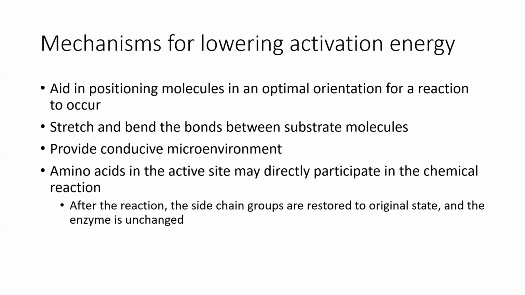Sometimes amino acids in the enzyme itself participate. So again, enzymes are proteins. They're made up of amino acids. And there's certain amino acids that stick out in the active site. Sometimes those amino acids and their specific side chains are going to be able to participate in the reaction and then go back to the enzyme once the reaction's over. So these are all different ways that the activation energy can be lowered.